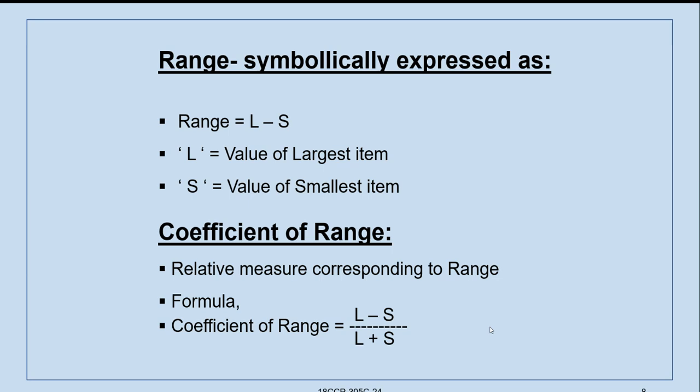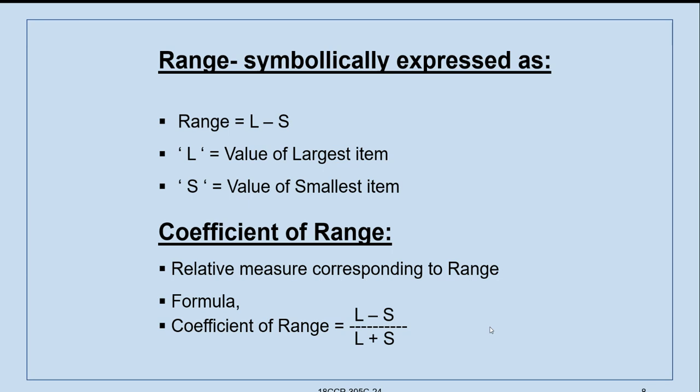So the given data should be arranged in ascending or descending order, and then find out the smallest item and highest item or highest value of the item. Then we can deduct highest value minus lowest value.